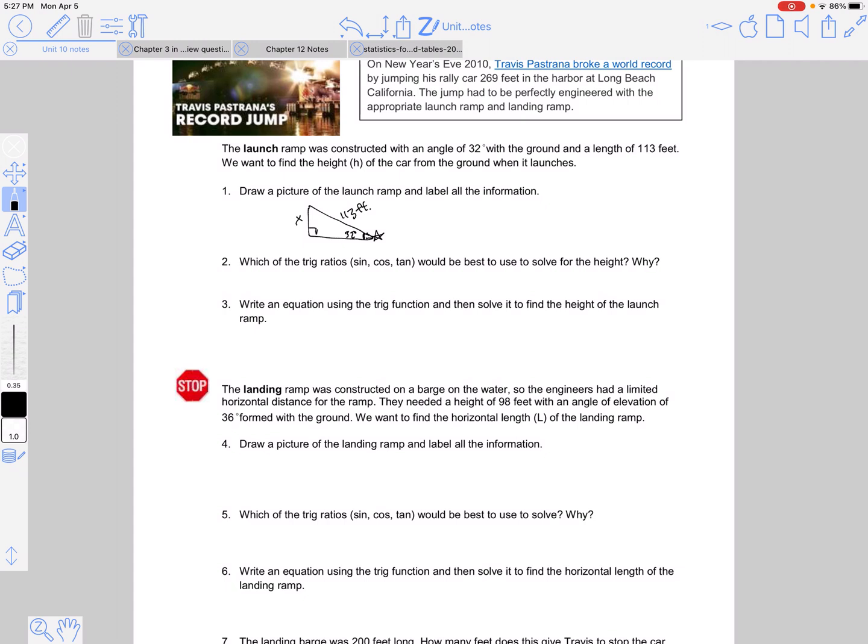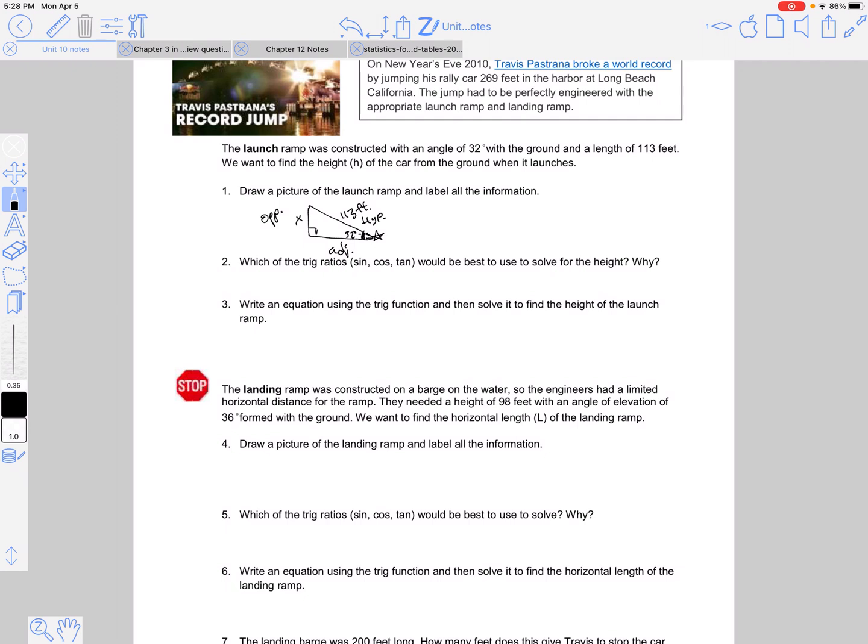So it says, which of the trig ratios, sine, cosine, or tangent, would be best to use to solve for the height? Why? All right, so I put a star here because this is the angle. Now remember, opposite that angle will be the x side. Adjacent will be the one touching that star angle, right? It's also touching the hypotenuse, but the hypotenuse gets its own name because it is the longest side.